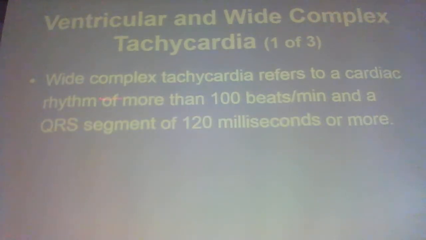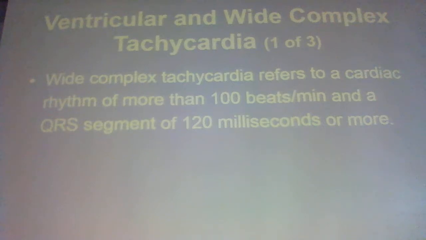All right, wide complex tachycardia refers to any rhythm that's over 100 and wider than 120 milliseconds. So, under ACLS protocols, if we're not sure if it's SVT with an aberrancy or VTAC, what can we give them? Adenosine, right? We use adenosine as a diagnostic tool if we're not sure.